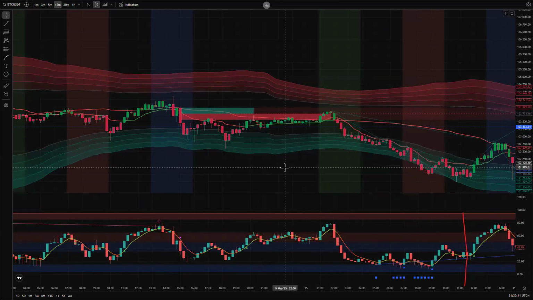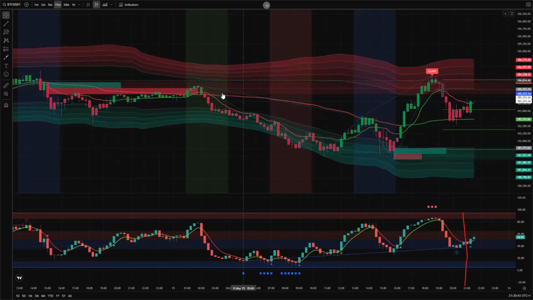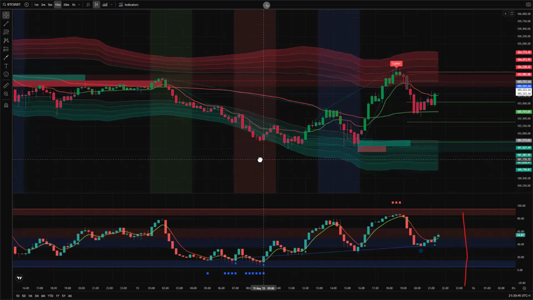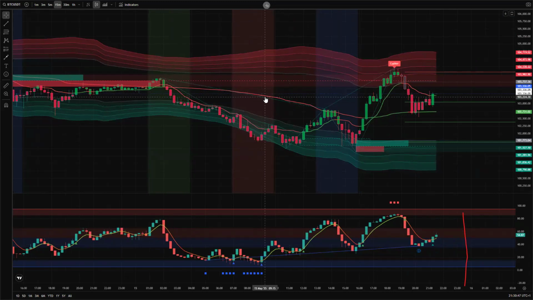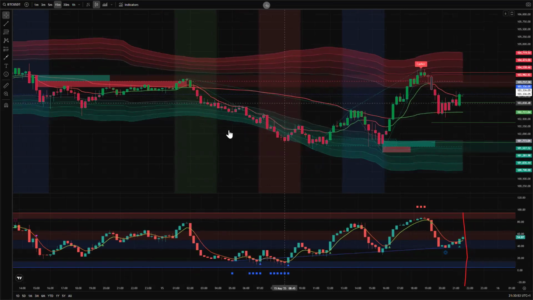And then what else? We also talked about the EMA here. EMA changes color as the market structure changes. And we talked about the optimized tracking system.